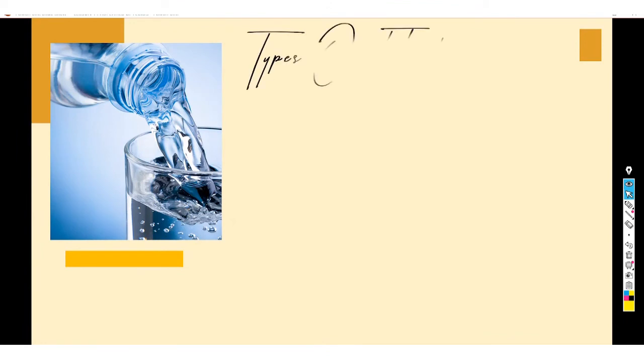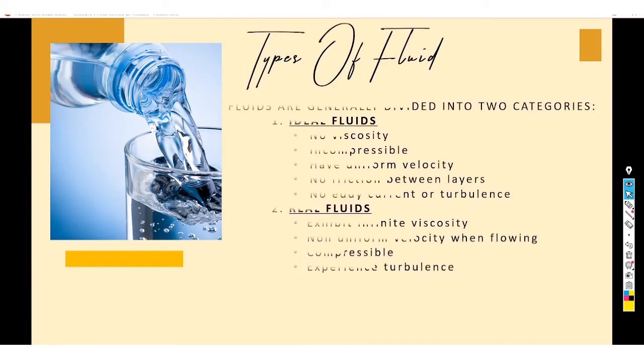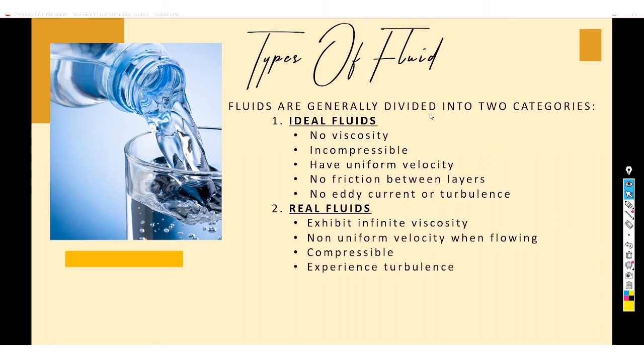So next, we have the types of fluid. Fluids are generally divided into two categories, which are the ideal fluid and real fluids.